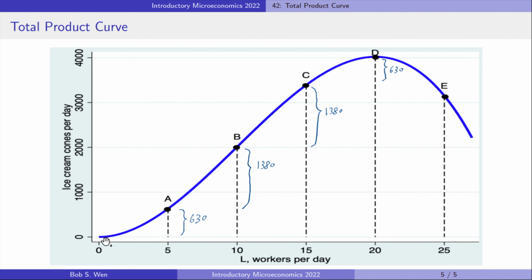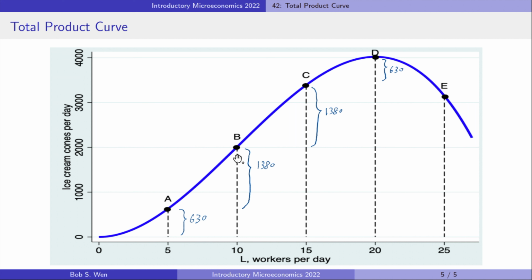When there is no worker, the output is 0. When the firm employs 5 workers, the output increases by 630 units. As the firm hires 5 more workers, the output increases by 1,380 units. The marginal product of labor increases from 630 to 1,380.